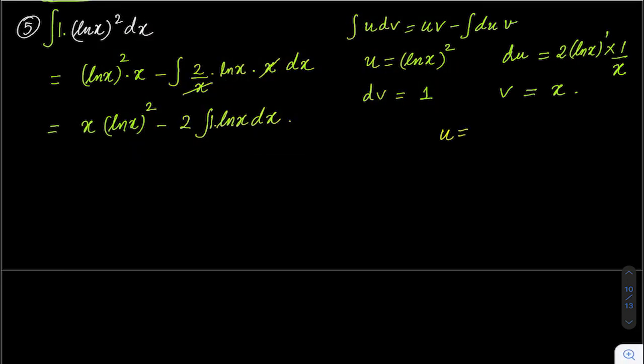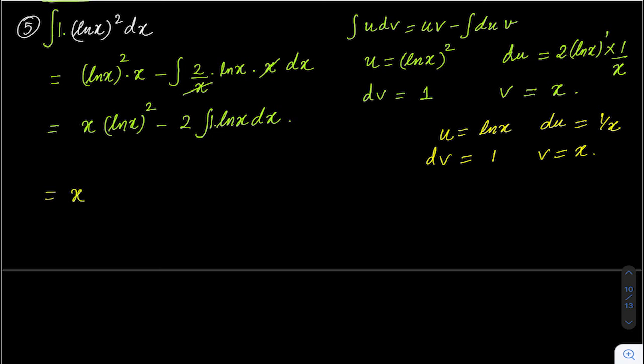In this case, my u is ln x, my dv is 1, so my du by dx is 1 over x, and my v will be equal to x. So v is nothing but x.